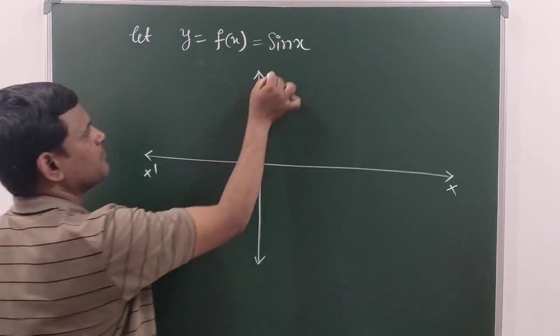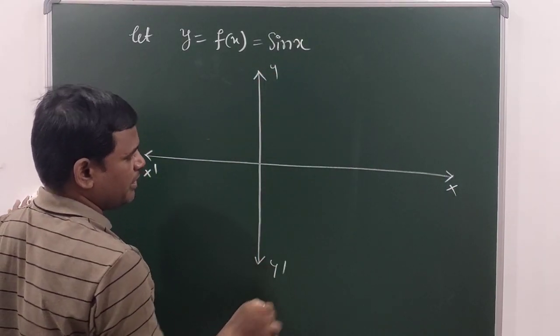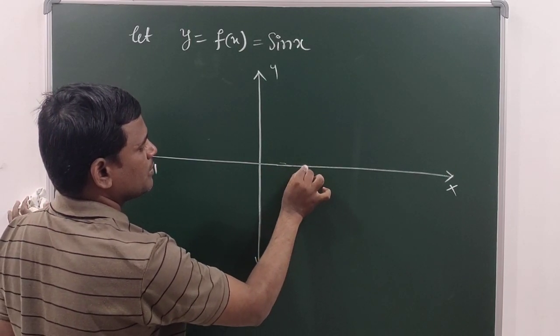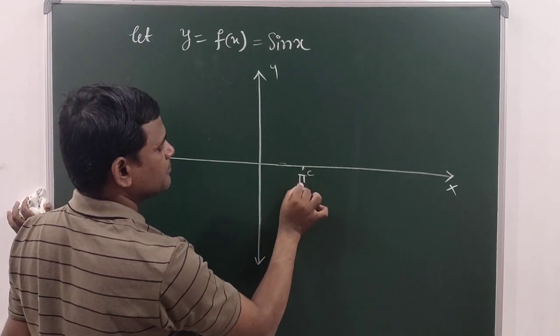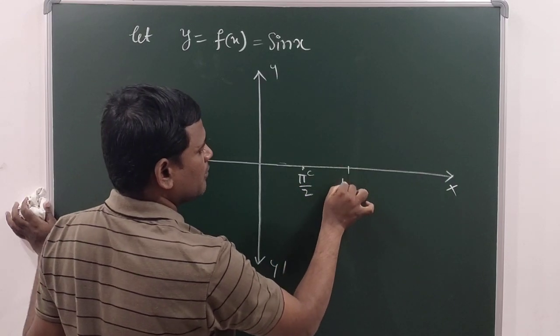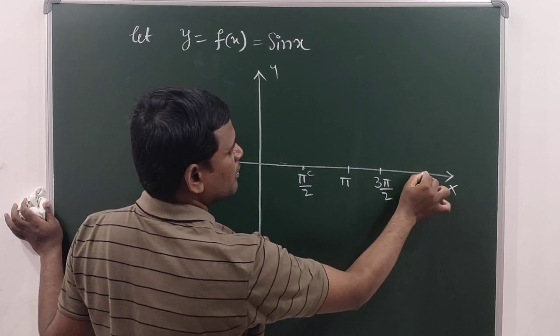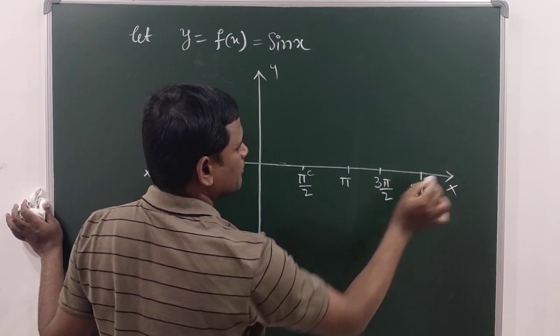X dash, y dash. Here take 90 degrees, here 180 degrees, here 3 pi by 2, and here it is 2 pi.